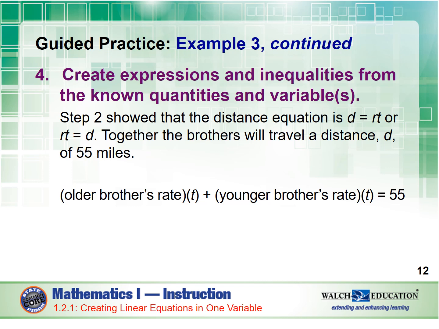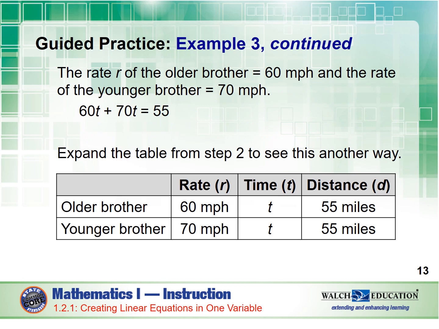So together the brothers travel a distance of 55 miles, okay? The D is 55. That's where this comes from. And then we have the older brother's rate times the time and the younger brother's rate times the time. So now we can set up an equation.